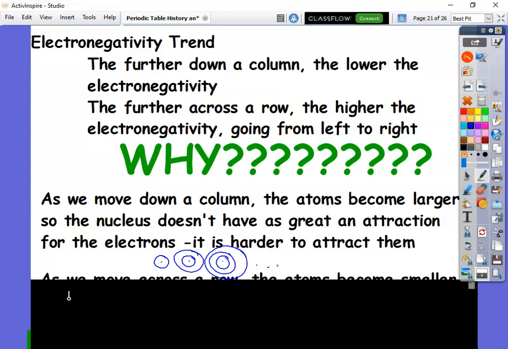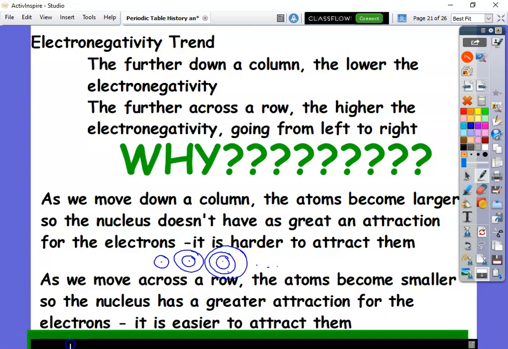If we have elements in row 1, row 2, and row 3 of the periodic table, as we go down, we get a new energy level of electrons. So there's more electron shielding between the nucleus and the outer electrons, and therefore the nucleus can't attract these electrons as easily. So attracting new electrons is definitely harder for these bigger atoms.